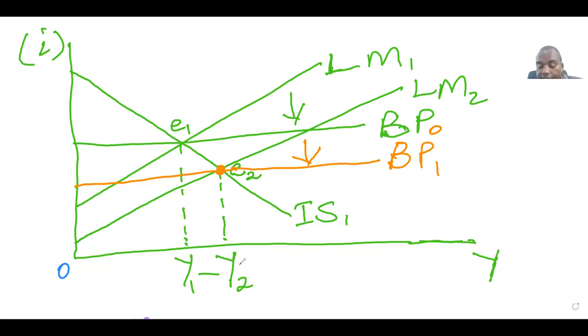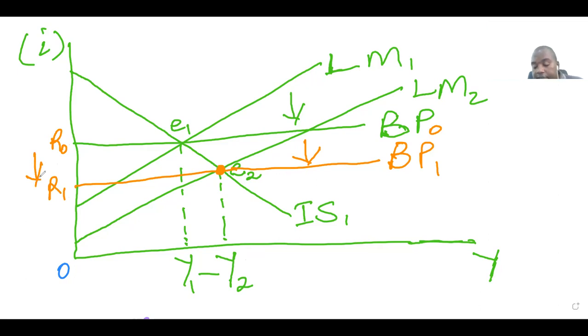a macroeconomic equilibrium will be reestablished at that level of national income Y2, which was associated with a higher level of national income. And the interest rate will decrease from I0 to I1. Or to use the previous way of writing, it will decrease from R0 to R1.